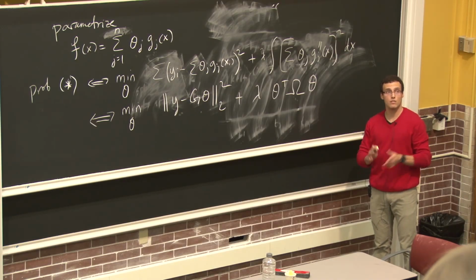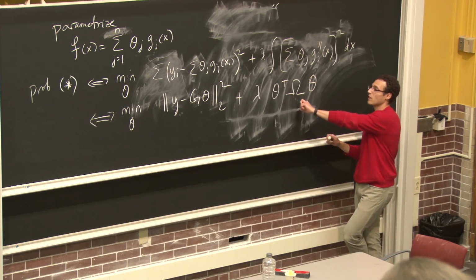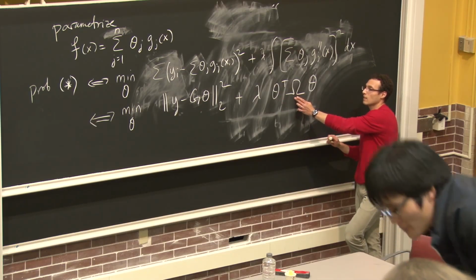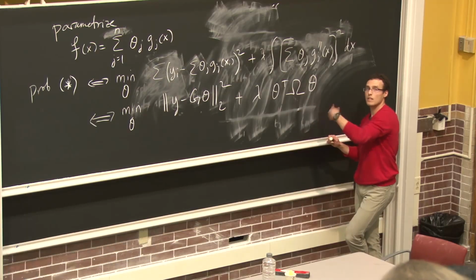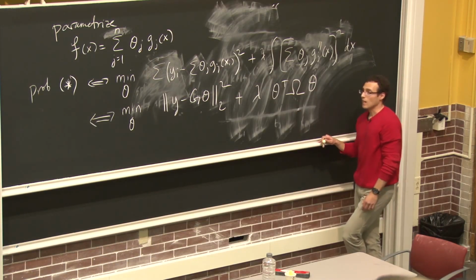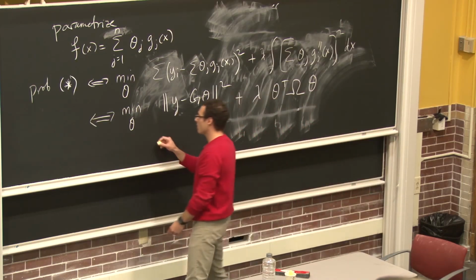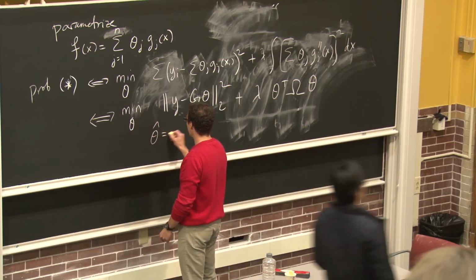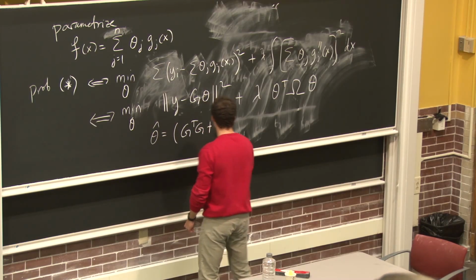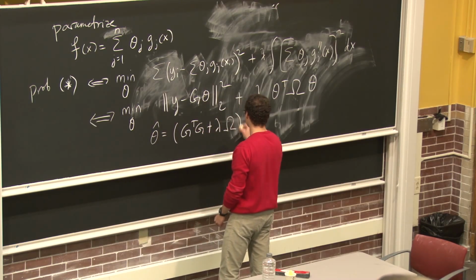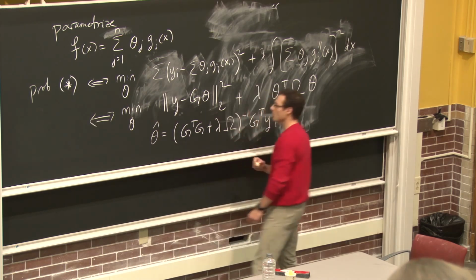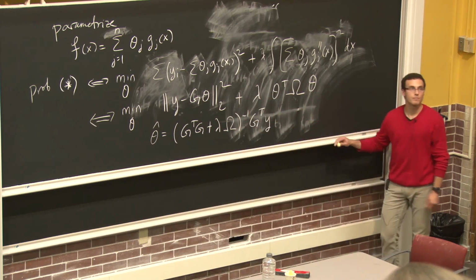If you took ridge regression, this is just like it, except instead of the L2 norm of theta squared, it's like the L2 norm but on a different basis. It's theta transpose omega times theta. And the solution you can get just by differentiating and setting equal to 0 is exactly equal to the following. It's still just a linear function of y.